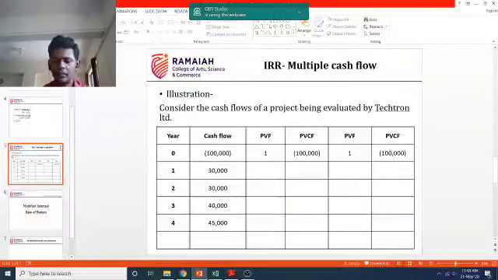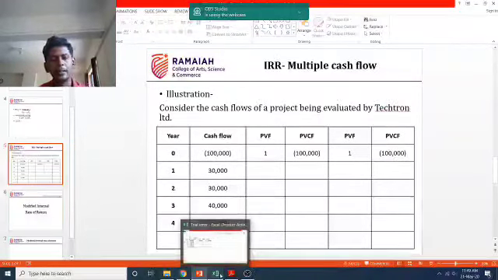Please ensure that this method doesn't have a particular scientific way of solving the problem. You need to use a trial and error method for these types of problems. I'll teach you how to solve them using Excel.